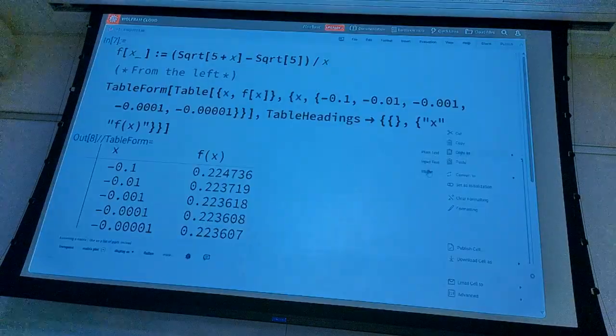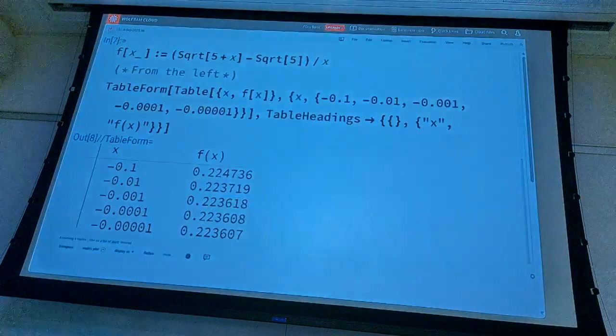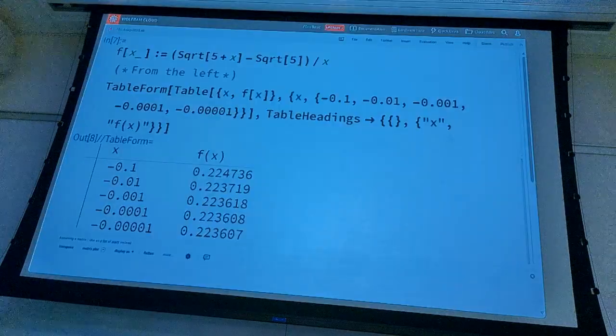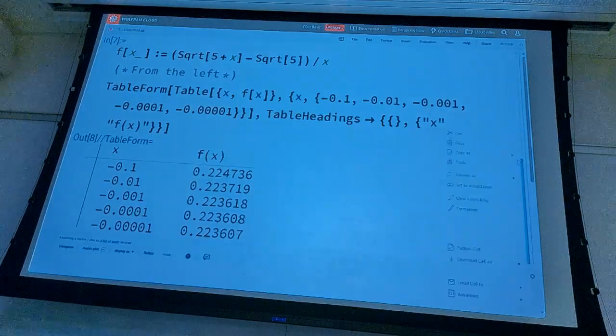I'm going to copy that as an image. Of course, it's going to cut off, so I can't do that. I'm going to have to do it this way.